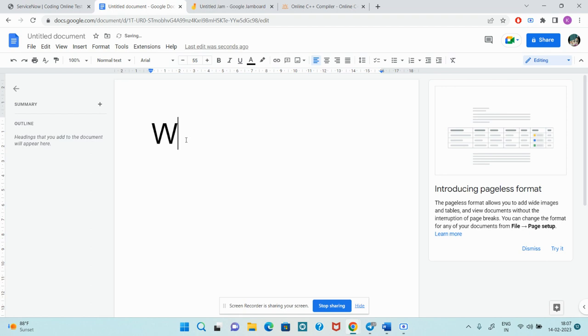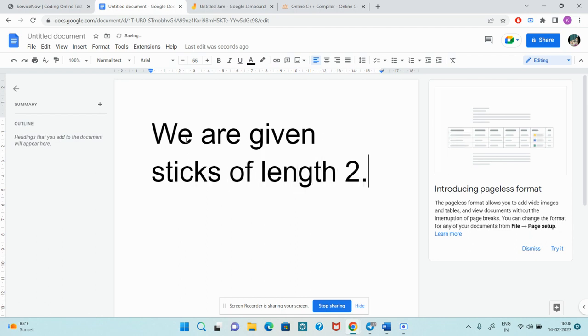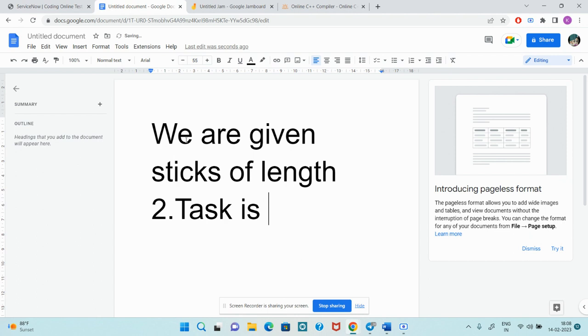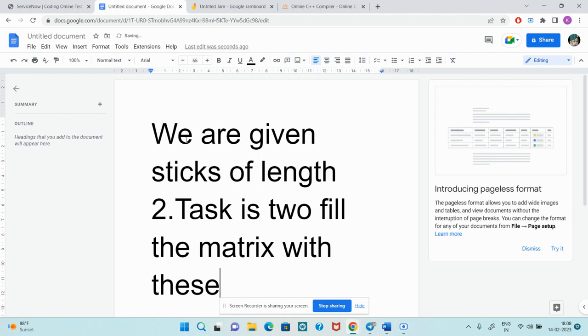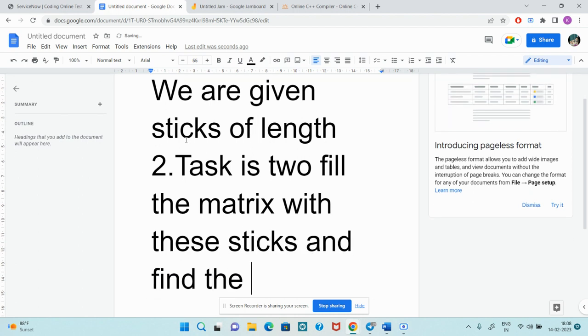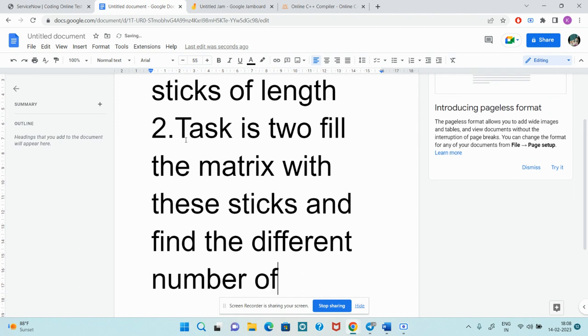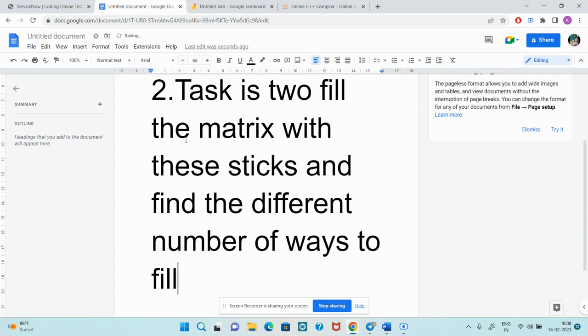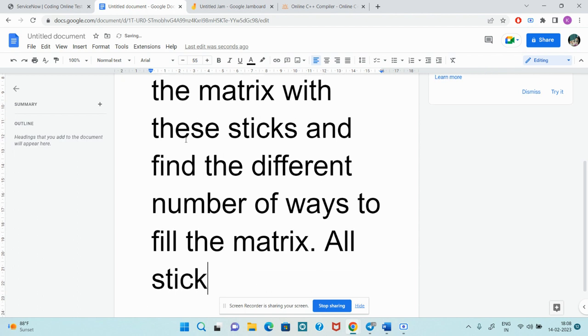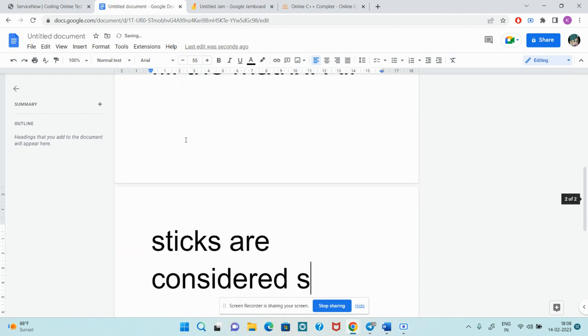We are given sticks of length 2. The task is to fill the matrix with these sticks and find the number of different ways to fill the matrix. All sticks are considered the same.